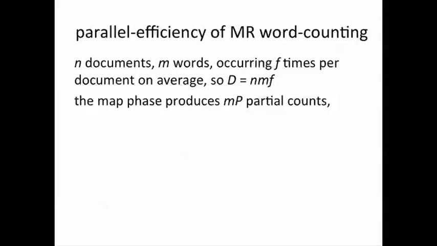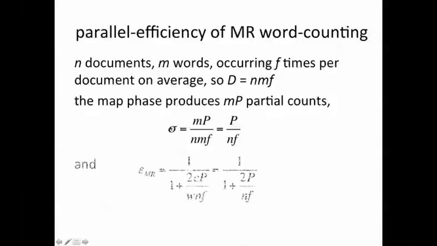We assume that at worst there will be mp partial counts, which gives us sigma as the data after the map as compared to the data before it, and there you get p over nf. Now you see the ratio n over p creeping in through the sigma. So the fact that you actually had a shrinkage of data will end up helping us. Now let's plug this into our equation.